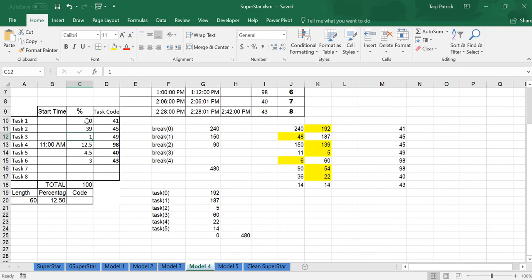So basically, we would take 480 minutes for the 8-hour day that we're calculating here, and we would multiply by 0.4 for 40%, or 0.3 for 30%, or 0.10 for 10%, or 0.01 maybe for 1%. I get kind of lost with the math sometimes here. I think that would be 0.01.